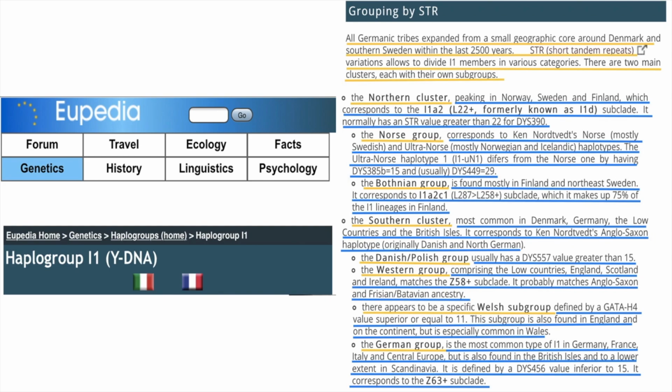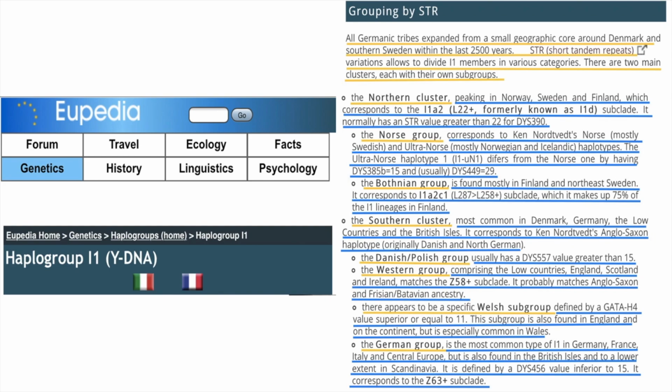It normally has an STR value greater than 22 for DYS390. Then there is the Norse group, which corresponds to Norse, mostly Swedish, and Ultra Norse, mostly Norwegian and Icelandic haplotypes.